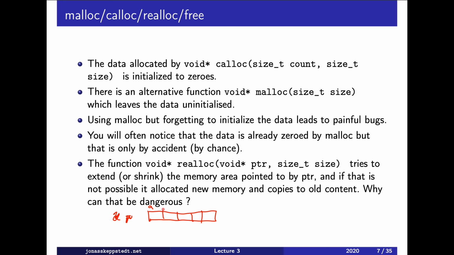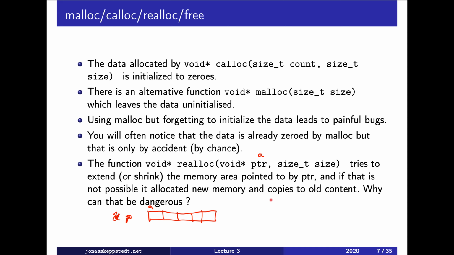And then we want some more memory. Then what we can do is to extend that memory, possibly. We call realloc, and the first parameter is A, since that's the pointer we want to get more memory for. And then we say how many bytes we want.